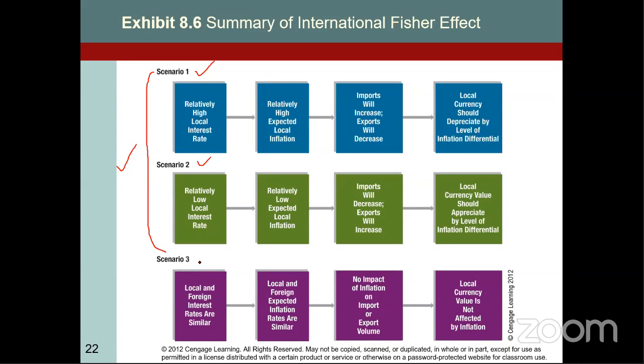You don't have to do scenario 3, it's the same. Using the International Fisher Effect theory, submit it to me at 9 p.m. today, the same as scenario 2 on the triple P.